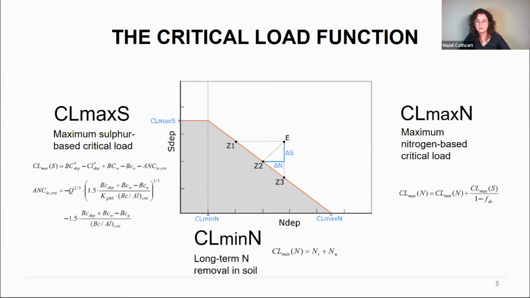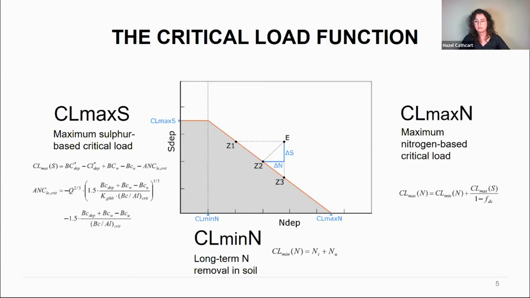Just an illustration for those who are unfamiliar with terrestrial critical load calculations. They aren't just one value, but rather a function of 3 different values, or in our case, 3 different maps. CL max S, the maximum sulfur-based critical load, CL min N, which is the amount of nitrogen taken up by the environment before it becomes acidic, and CL max N, the maximum nitrogen-based critical load.